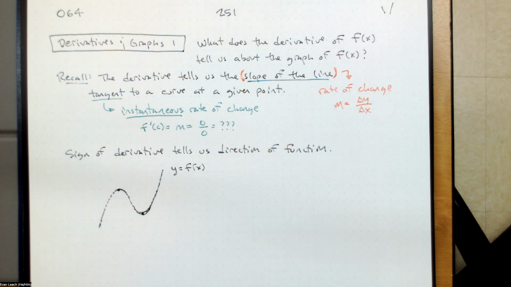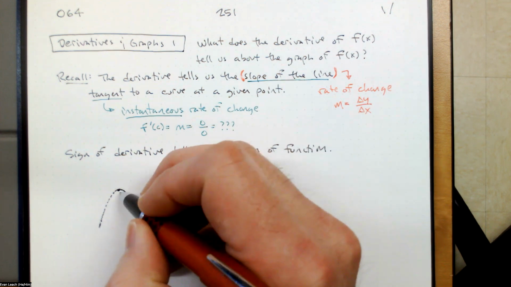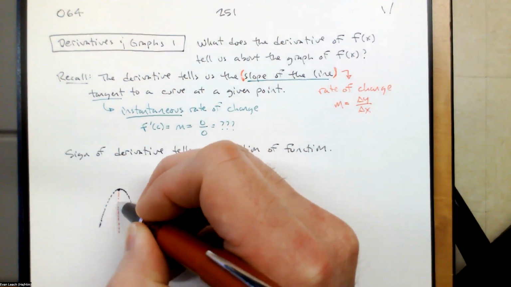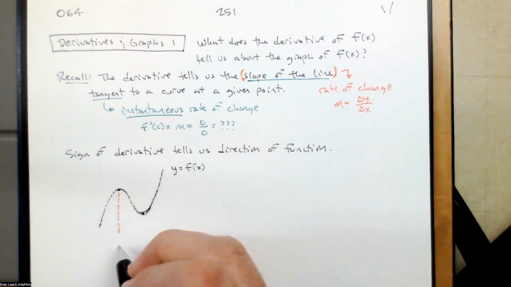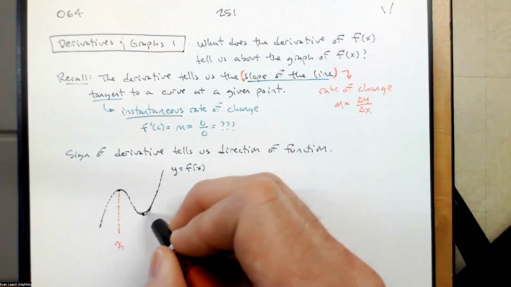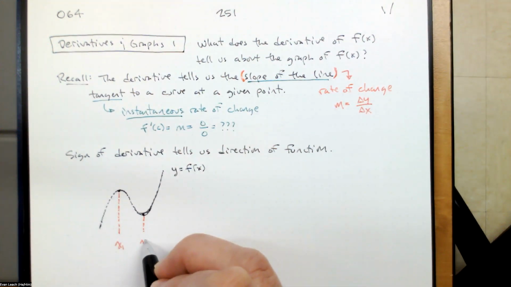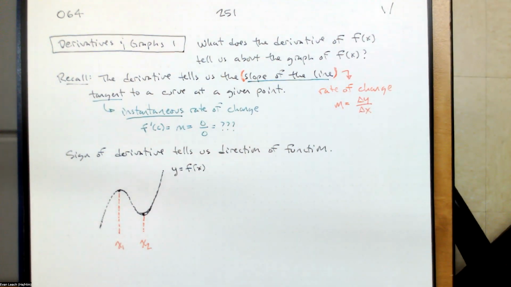If I mark these two points off, let's call this x1 and this point x2. At x1 and x2, if we calculate the slope of the tangent line, we'll see we have a horizontal tangent line. So the slope is going to be 0.